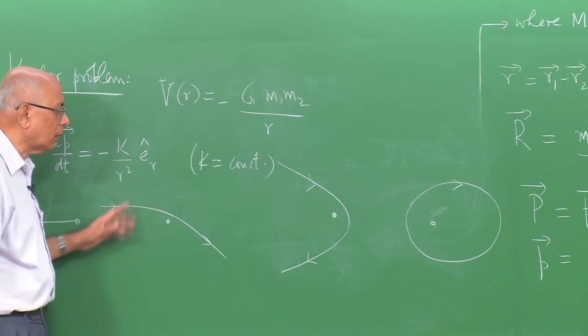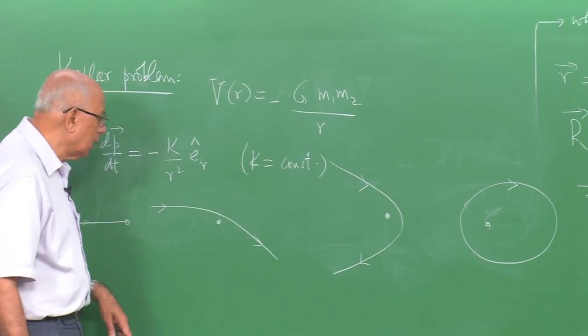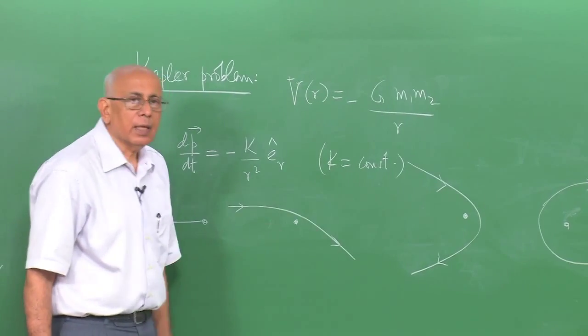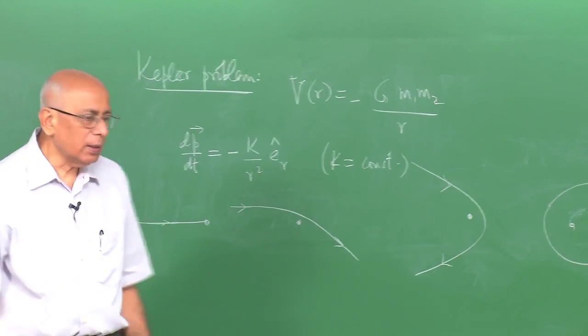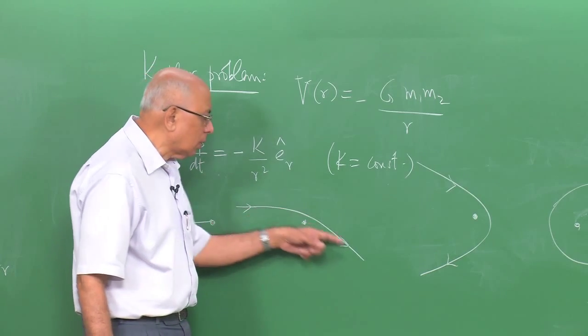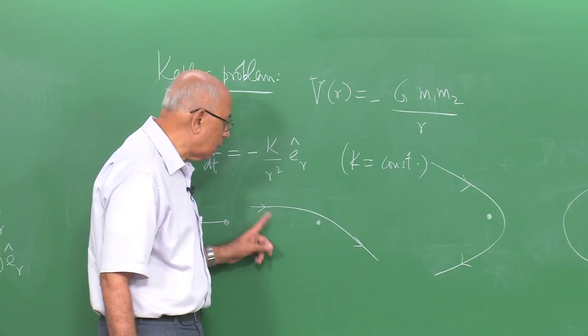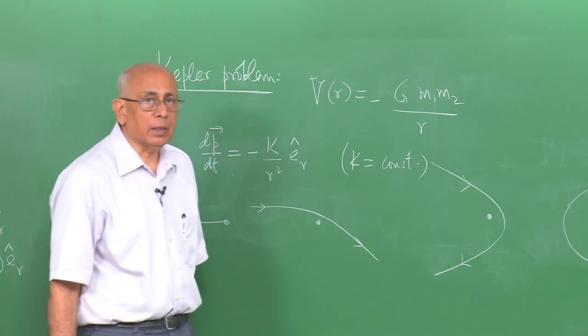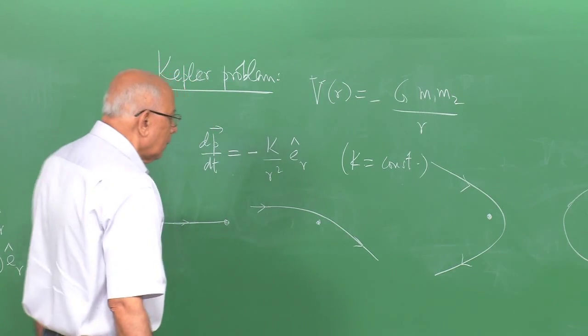These two are open orbits and the particle essentially escapes. So these are the kinds of orbits that comets would trace. Typically, if the comet never returns, it would execute an orbit which is a hyperbola of this kind.